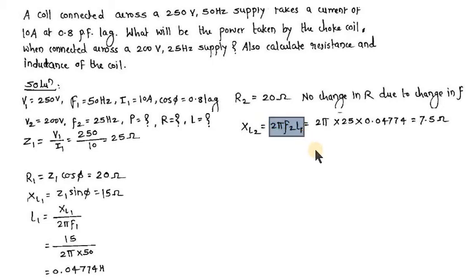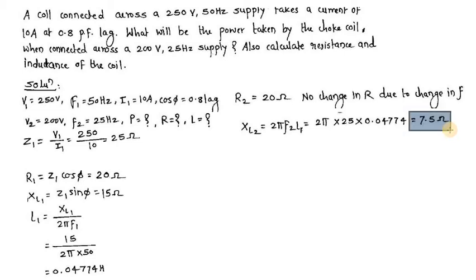So the formula is 2πFL and I denote the frequency as F2. So see, this is F2, the changed frequency 25, and the value of inductance never changes, as I said. So the value of inductance is kept as what was obtained earlier. And ultimately what I find is the inductive reactance is a changed value.